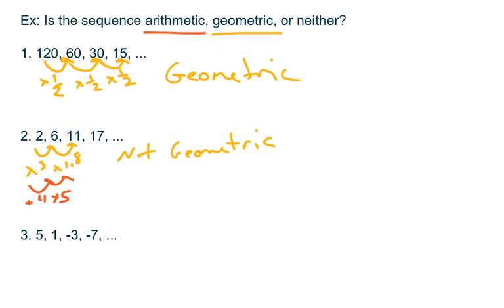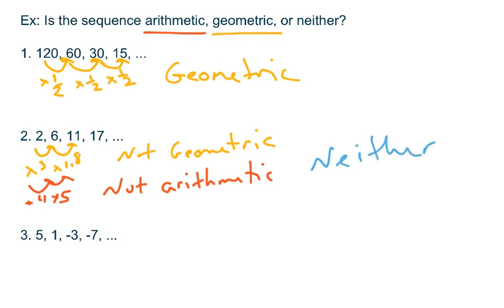If this was going to be an arithmetic sequence, these numbers still have to be the same. Okay, so since they're not the same, it's not arithmetic either. So if it's not arithmetic and not geometric, then the answer here is neither. Okay? The answer for number 2, neither. It's not geometric, not arithmetic, so it's neither.